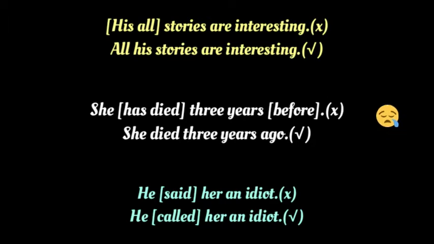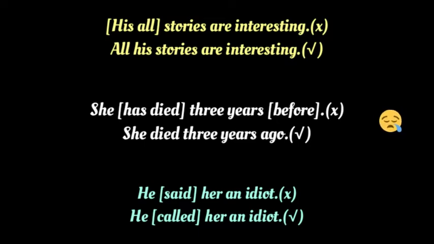Now look at the next example. "His all stories are interesting." This is a very common error with determiners. You see, in this sentence, "his" and "all" are both determiners modifying the noun "stories." And whenever two or more determiners are used in a noun phrase, the predeterminer, the central determiner, and the postdeterminer are arranged in their proper sequence.